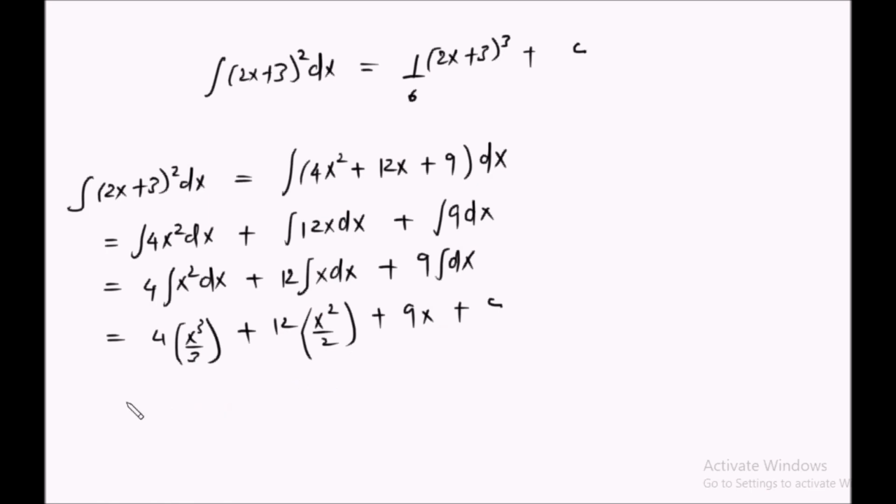So you can see jibu langu la mwisho nalopata nini? Ni 4 over 3 x cube plus 6x squared plus 9x plus c. So tufananishe hili jibu na hili hapa, okay? Are they the same, okay? Maana nije ni-expand hili la huko juu. So nimeintegrate hii kwa kutumia ile njia ndefu, okay?